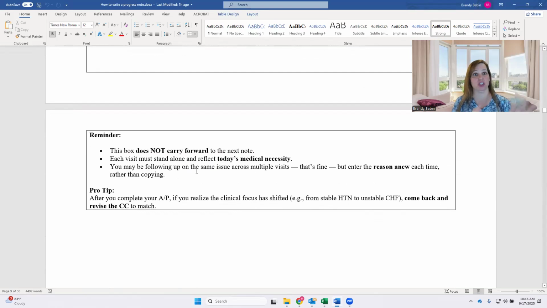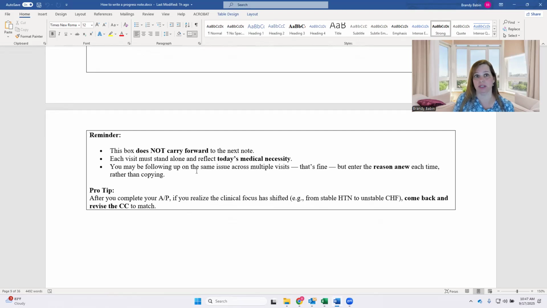This box does not carry over from note to note. Your HPI and your assessment and plan all start over again. So all of the rest of your note will pull forward, but these 3 boxes are specific to why you're seeing the patient today. So you may be seeing the patient in a week, and it may be a different HPI.